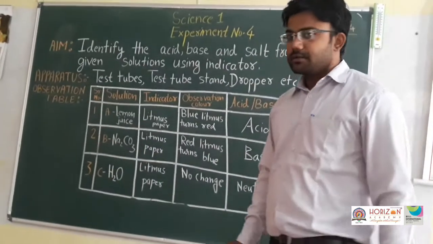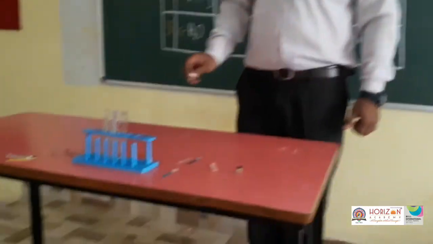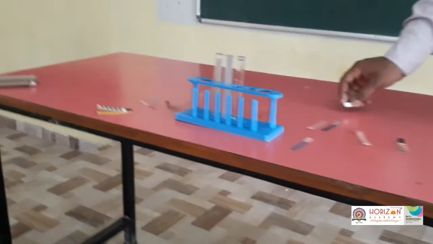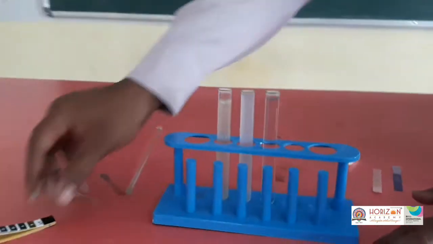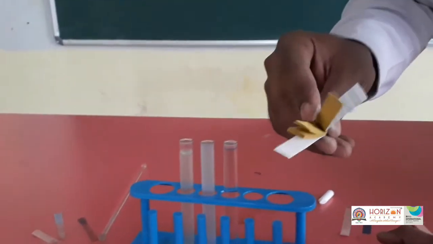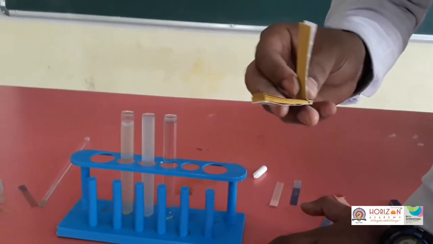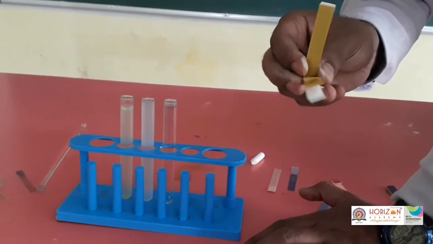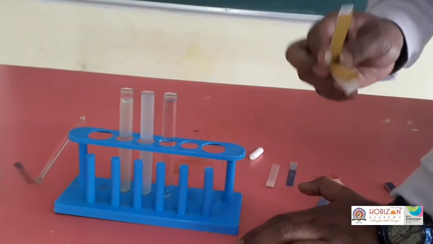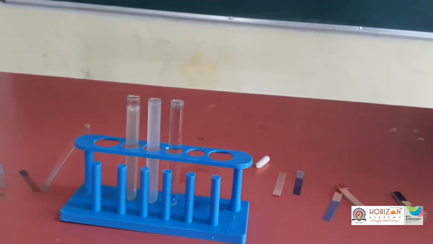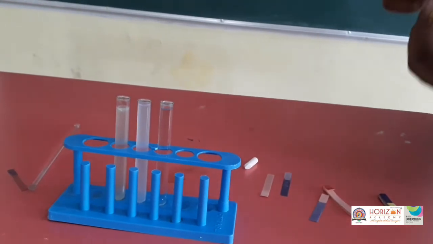So now we will see pH paper just for your understanding. pH paper we have already seen how to use. So these are the pH paper strips which are made by using universal indicator. So we can use pH paper also for determining the exact pH value of the solution. Now what is pH value we have already discussed in the video.